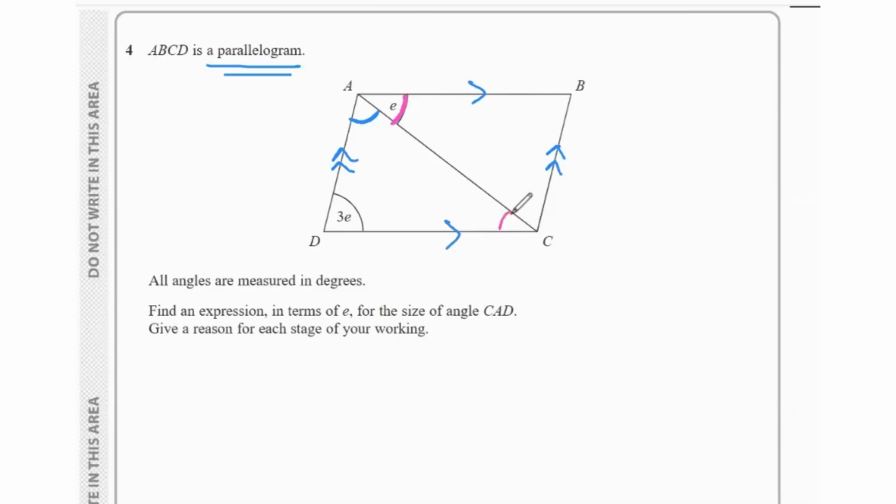This is the same as this, which means if this is E, so is this. If this is E and this is 3E, and we need to find an expression for this one, we can see that this is a triangle, ACD. So sum of angles for a triangle is 180. 180 equals 3E plus E plus angle CAD.